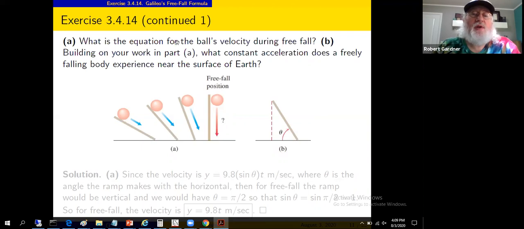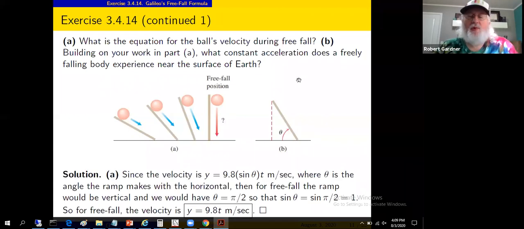Questions are, what is the equation for the ball's velocity during free fall? And building on your work from that, what constant acceleration does a freely falling body experience near the surface of the Earth? Okay, well, we're all set to deal with that. The real punchline on the math part is they told us velocity is given by 9.8 sine theta times t.